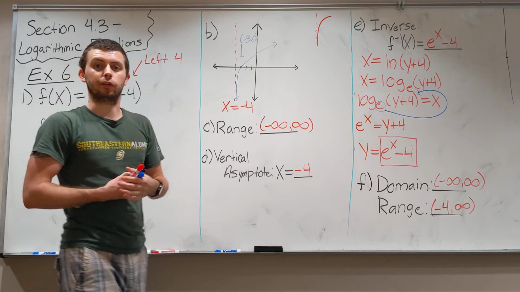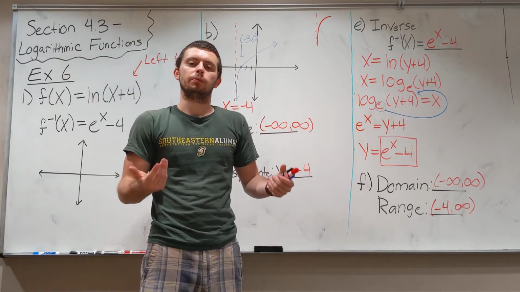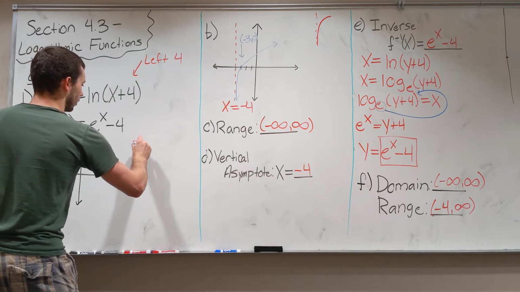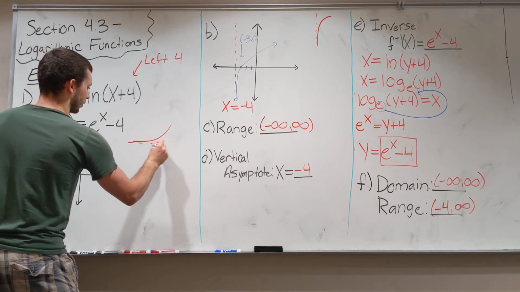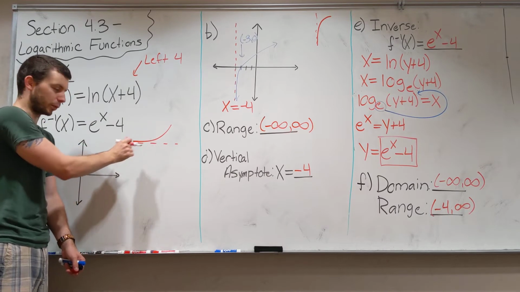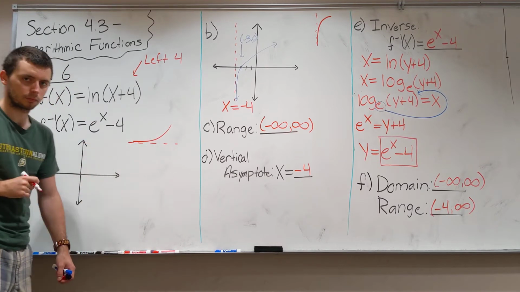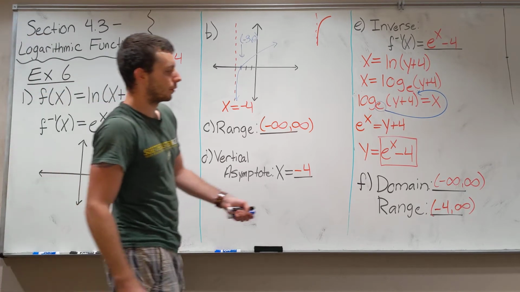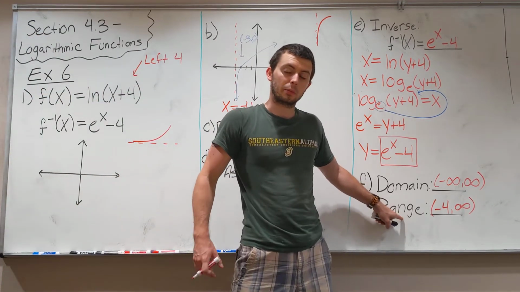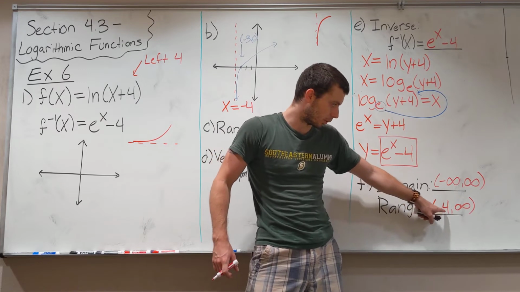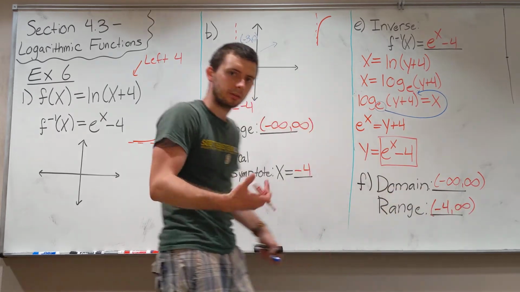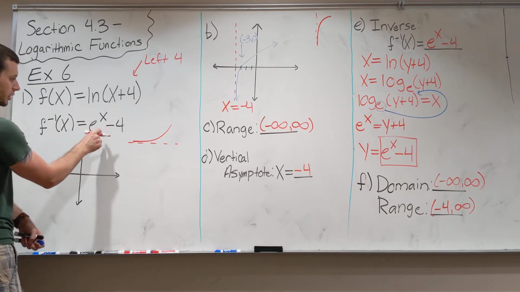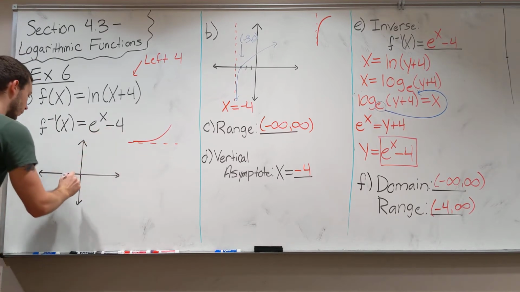And if you look back to the section on exponential functions, you know that the shape goes upwards like that with an asymptote here. It's got a shape like this with an asymptote at y equals 0. You may notice, though, that the range that we determined for the inverse is -4, infinity, which means, in other words, this function is being shifted down by 4.